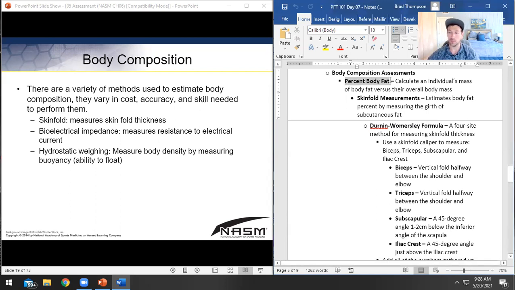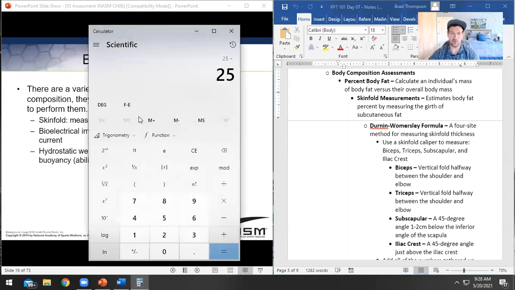So we have your percentage of body fat. This is going to be a big one. This is going to calculate your client's body fat mass based on how much fat is on their body versus their overall body weight, right? So if I weighed 200 pounds and I had 25 pounds of fat on me, that would mean that I have a body fat percentage of about 12.5%, which is pretty good.